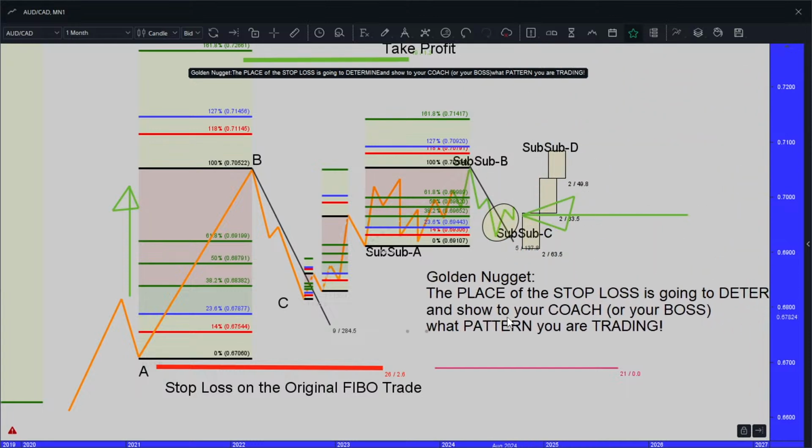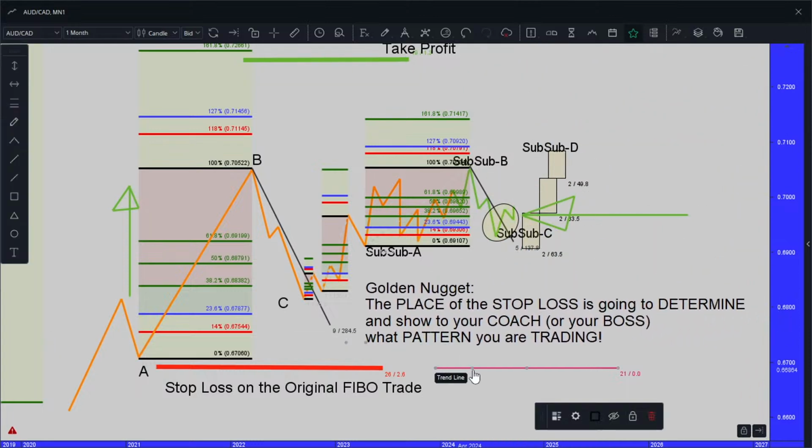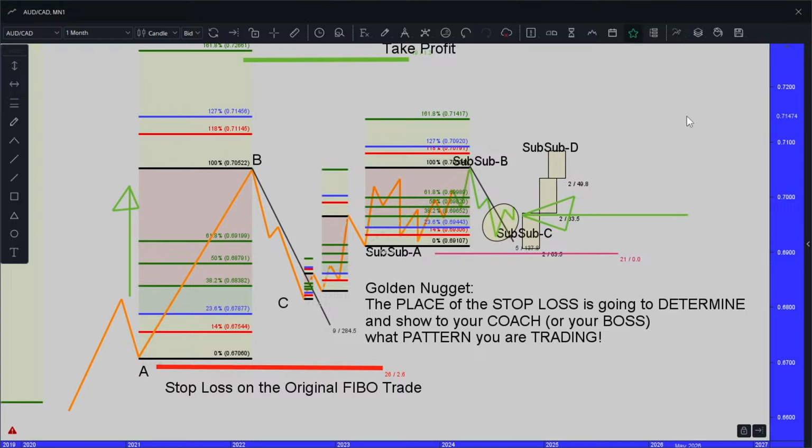Golden nugget for you, everybody. Take a screenshot of this one, picture, photo, type in the chat. Done. The place of the stop loss is going to determine and show to your coach or your boss what pattern you are trading.